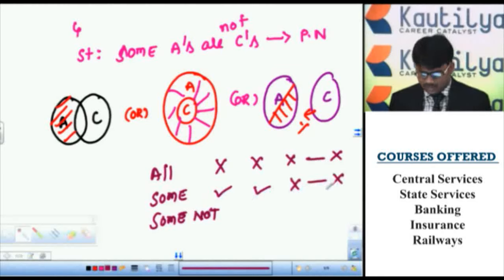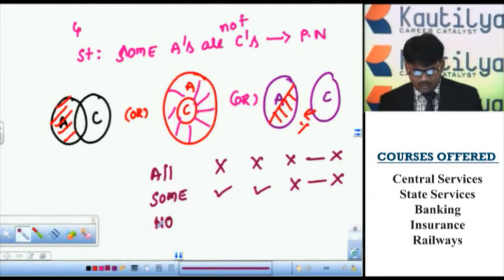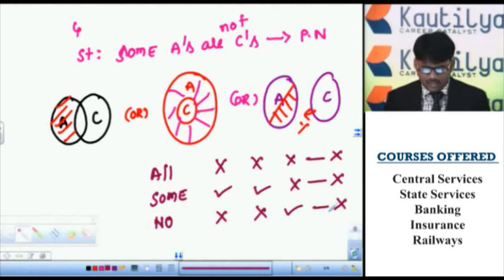Next, we have to check the no conclusion. Here no A's are C's does not exist in the first one or second one, but it exists in the third one. Overall it does not exist. That means there is no existing conclusion in the forward method for the given statement, some A's are not C's.